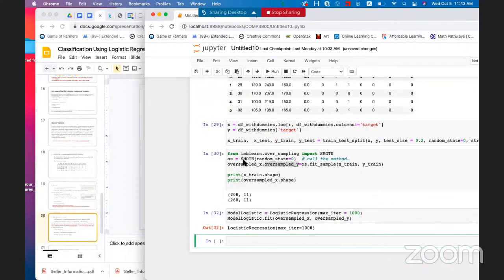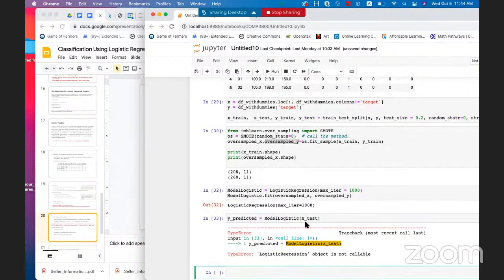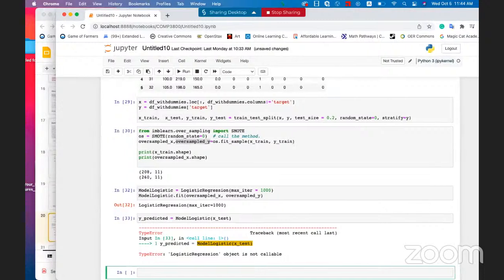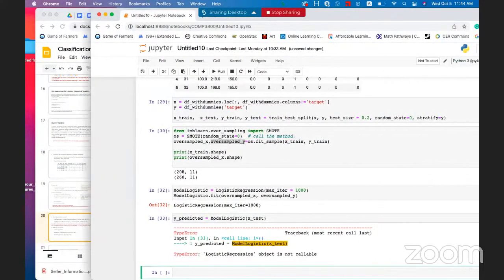And then you can use this model to predict the data. The predicted data is X test. Predicted. Object is not called.